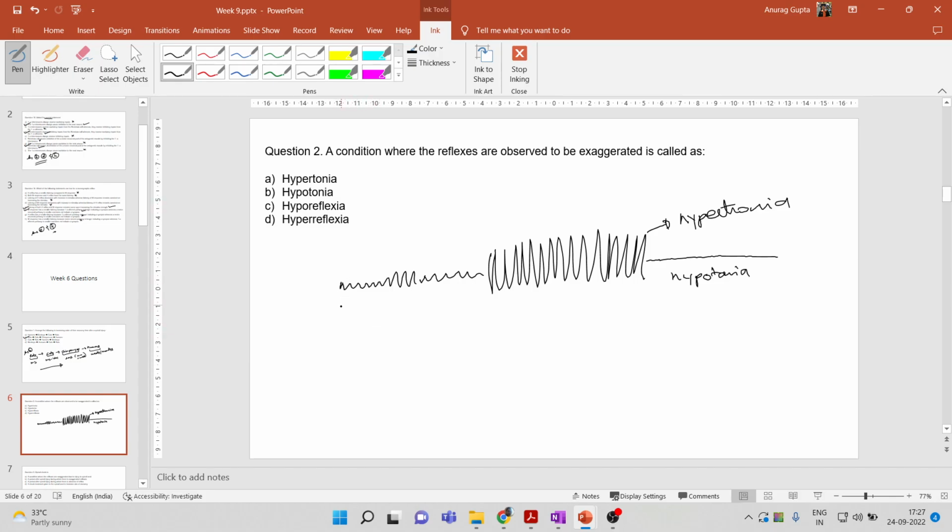And if the response of the reflexes is heightened beyond the normal response, then it's called hyperreflexia. So the key word here is reflexes: a condition where the reflexes are observed to be exaggerated is called hyperreflexia, because like I just explained, the reflex response is exaggerated. So the answer is D.